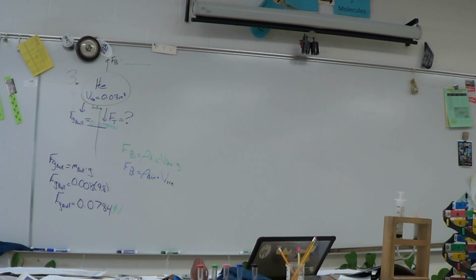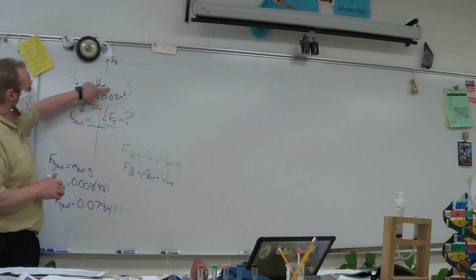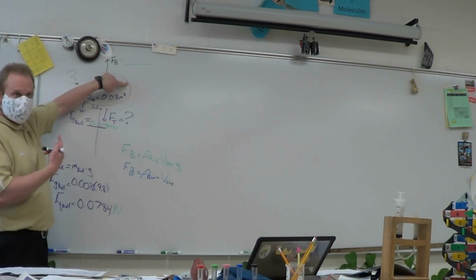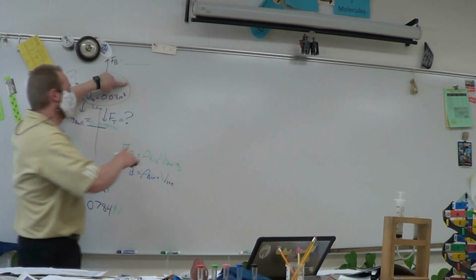Plus a little tiny bit. Now why is it plus a little tiny bit? If I put 0.03 cubic meters of helium in my balloon, we actually have slightly more air displaced than 0.03 because where does my helium stop? Right there, right? And where does my air start?